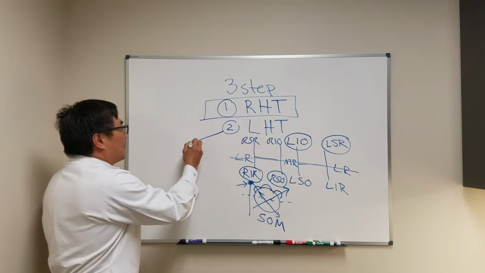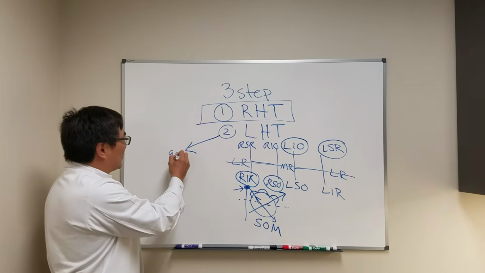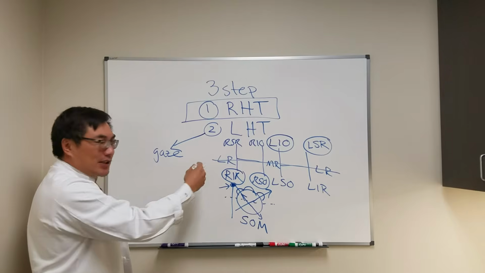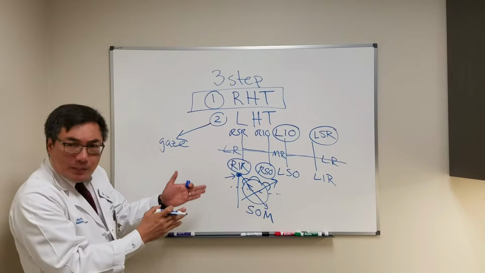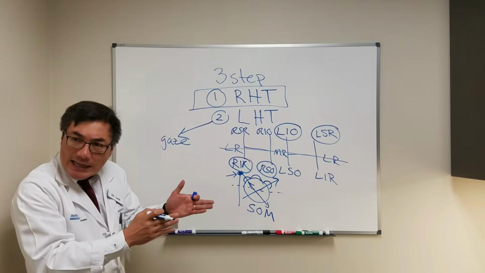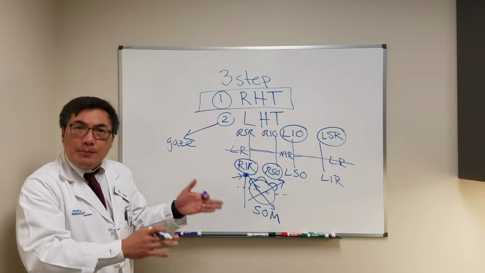The second step of the three-step test is which gaze direction in the H diagram makes the deviation worse. I already told you that the obliques work better at vertical action in the adducted position, and the recti work better vertically in the abducted position.